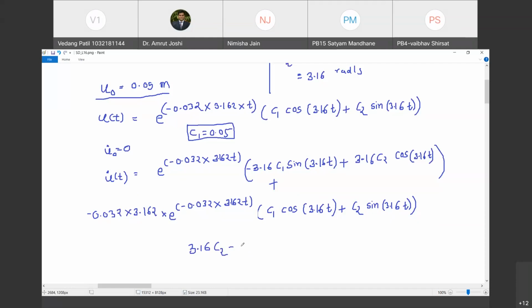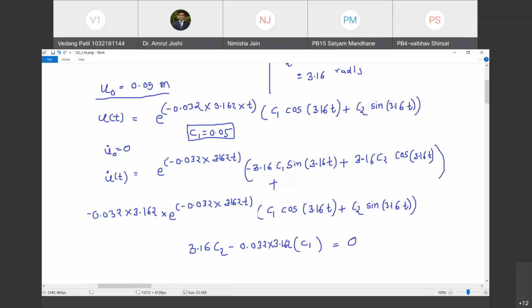So I will have minus 0.032 into 3.162, into bracket. The cos term remains, the sin term vanishes. This has to be equal to 0 because u dot of 0 is 0.